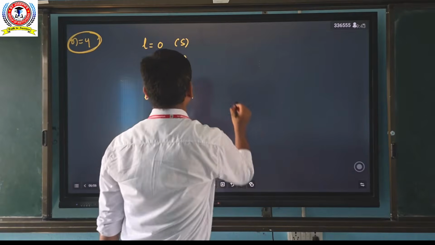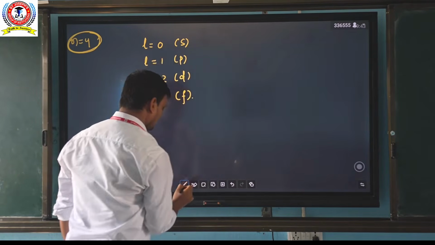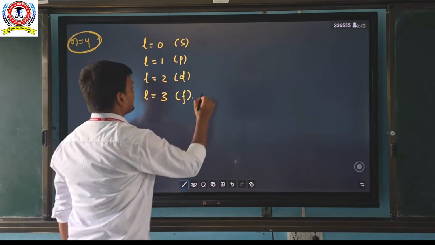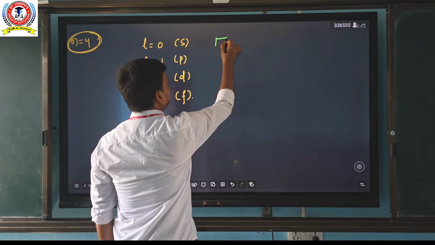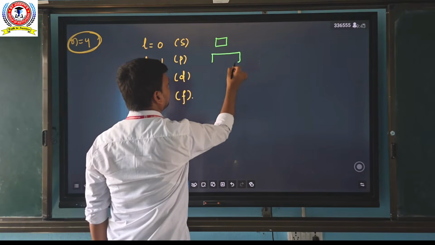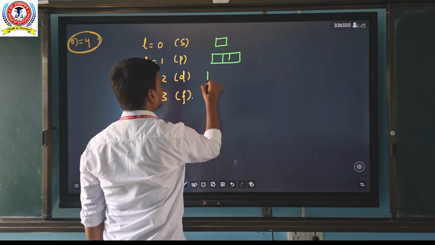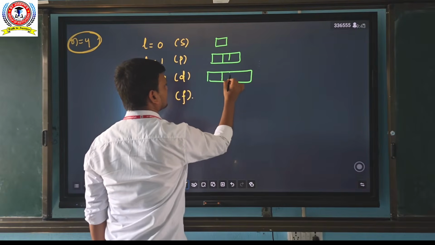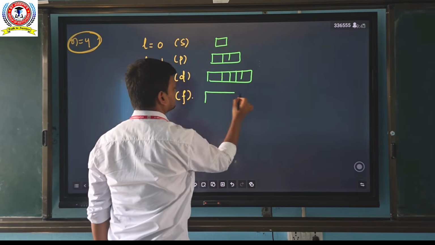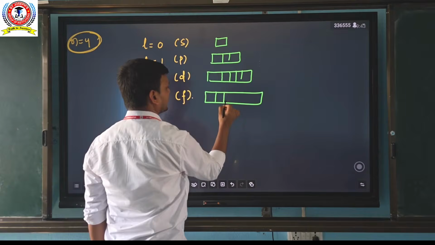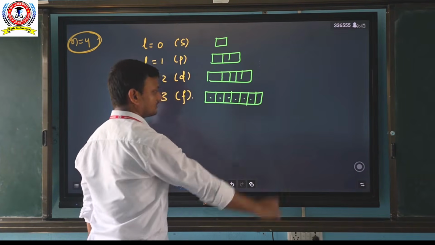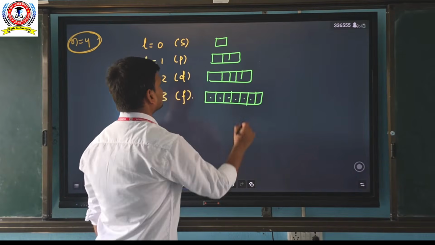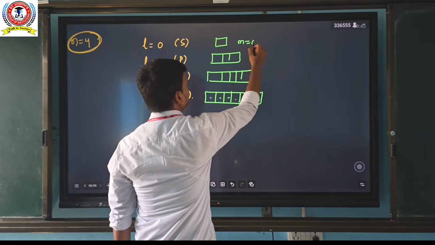Okay. And also, students, we know that the s subshell has 1 orbital, the p subshell has 3 orbitals, the d subshell has 5 orbitals, and the f subshell has 7 orbitals. That means for s, m is equal to 0.